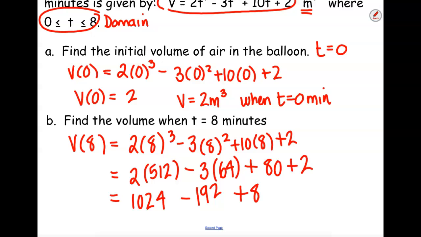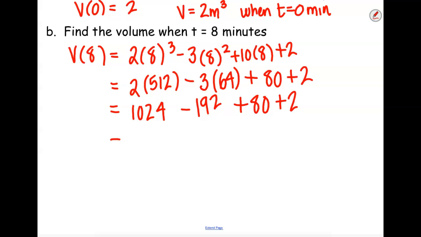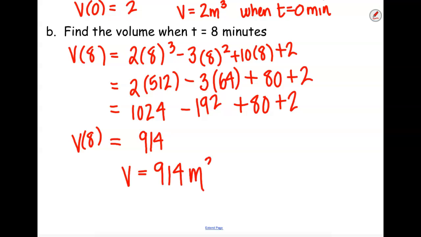Bring down the 80 and the 2. Combine terms and we get 914. So what does that mean? That the volume is 914 meters cubed when the time is 8 minutes.